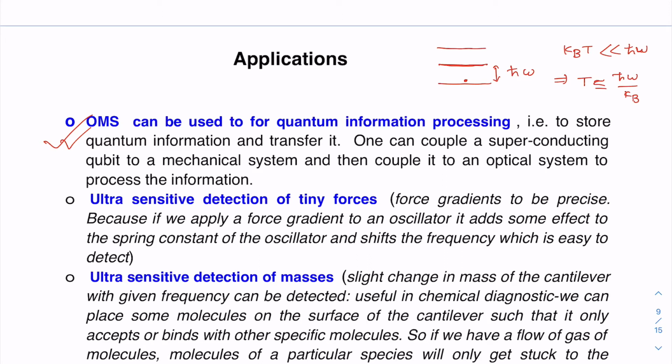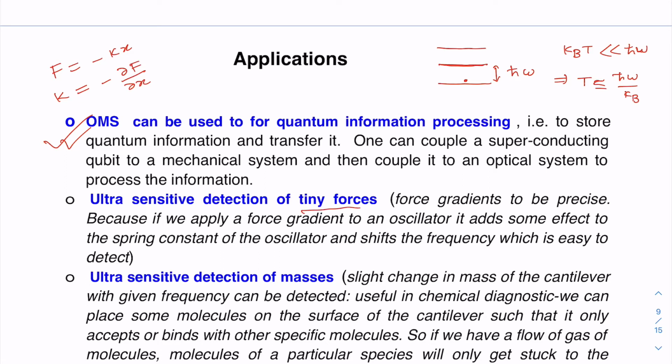And there are other applications. For example, one can have ultra sensitive detection of tiny forces. You know that if a mechanical oscillator is there, then by Hooke's law, force is equal to minus kx. From here you can find the spring constant, which is the force gradient.